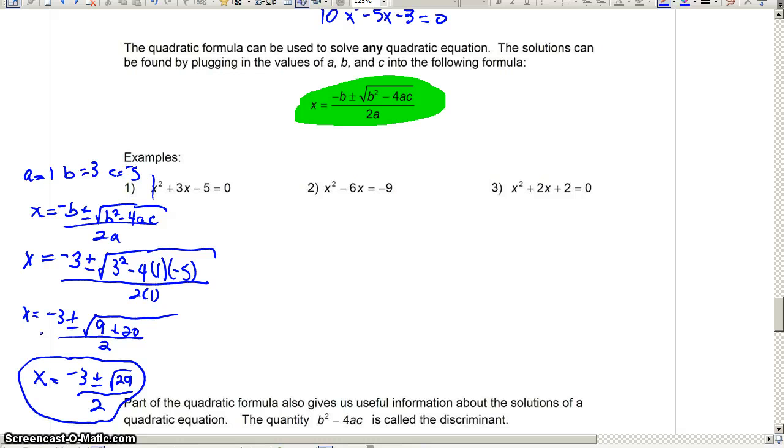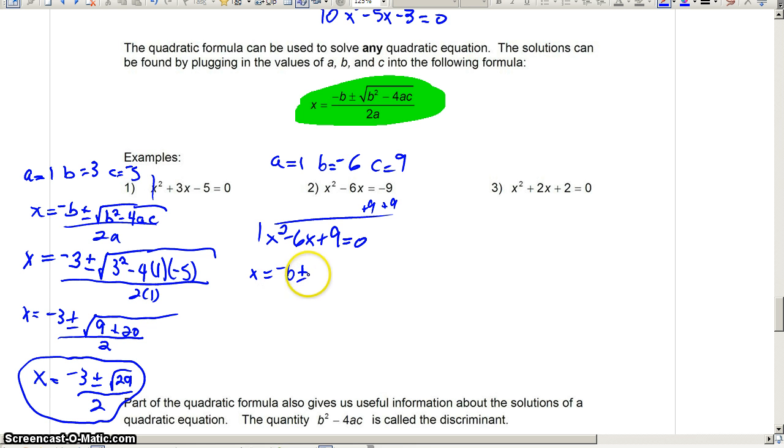Let's take a look at number 2. First things first, we'd have to add a 9. We'd have x squared minus 6x plus 9 equals 0. You might wonder what our a, b, c would be. Our a would be a 1, b would be negative 6, c would be 9. And again, going back to the quadratic formula, you need to have this memorized.